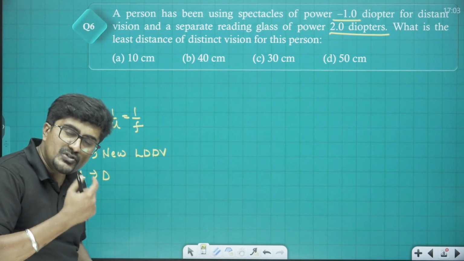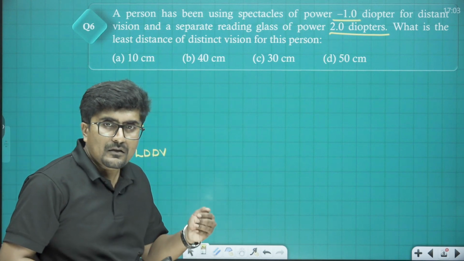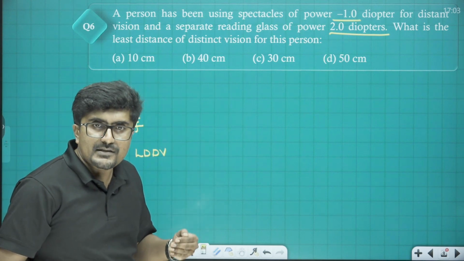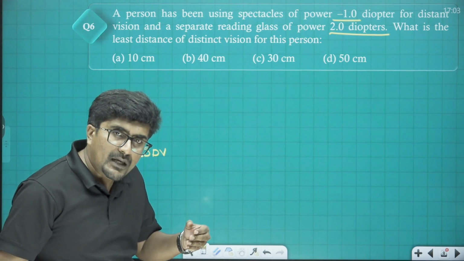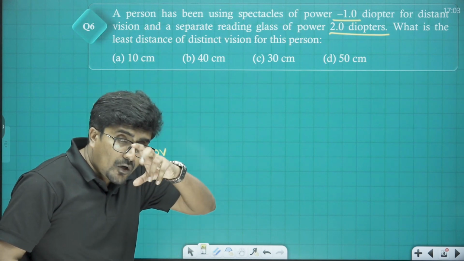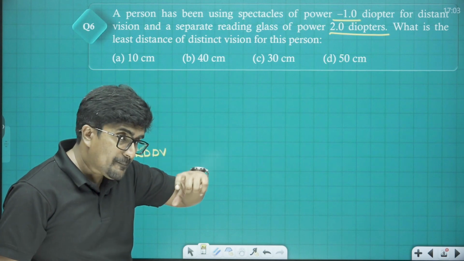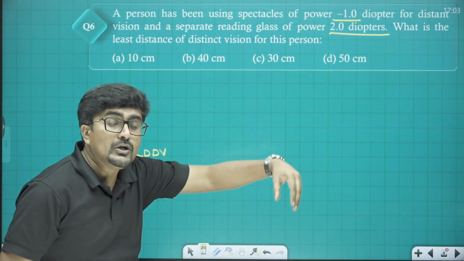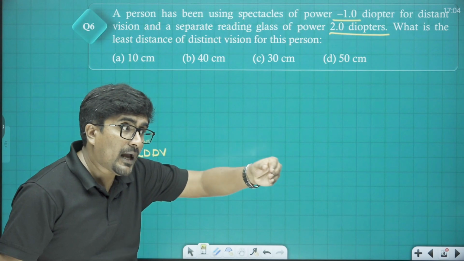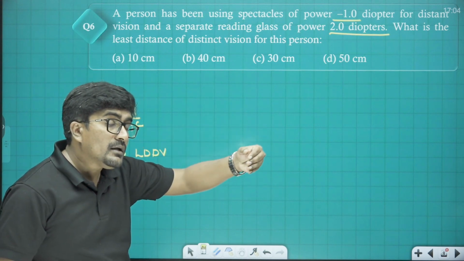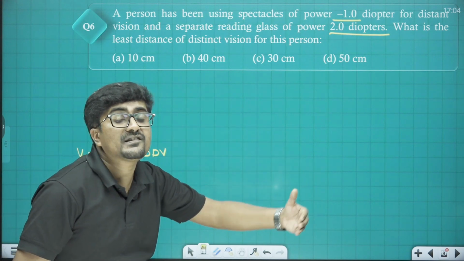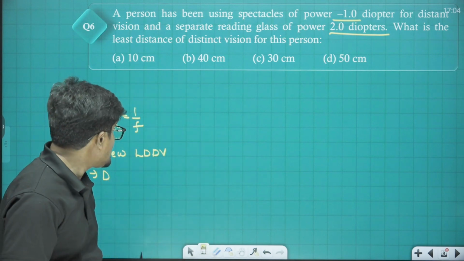That means an object kept at the original least distance needs to have its image taken to the new least distance, because the eye can identify light coming only from the new least distance of distinct vision. That is the concept behind that.